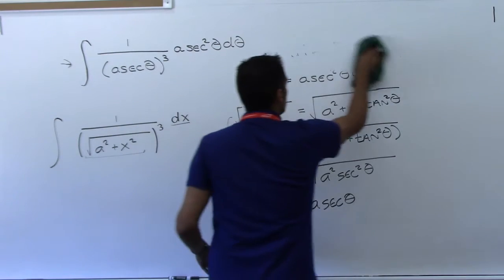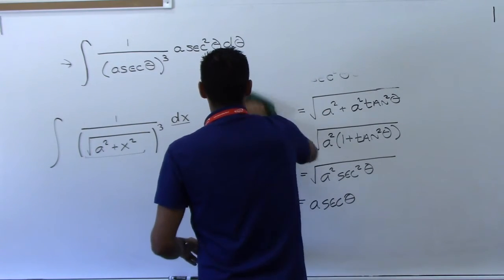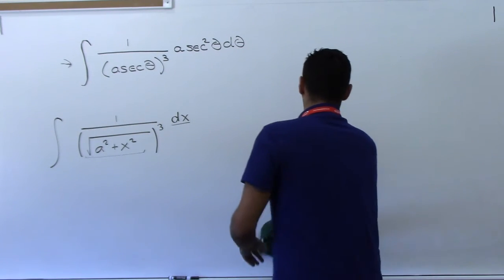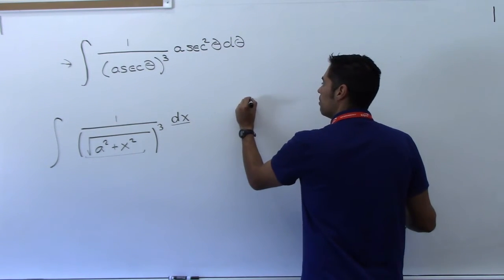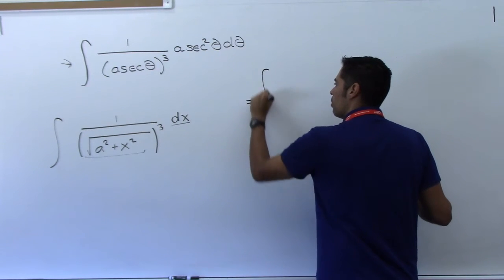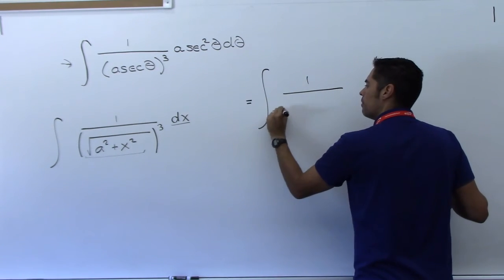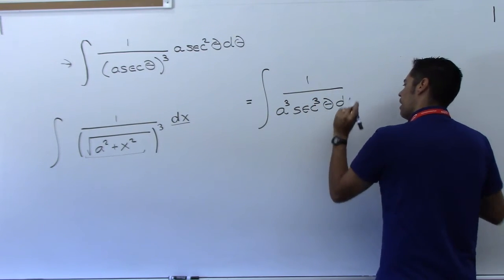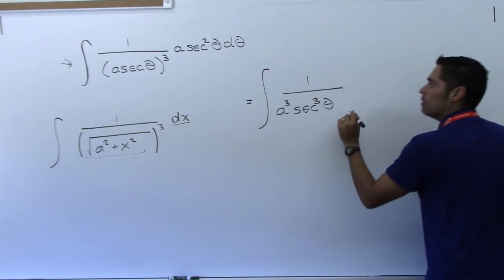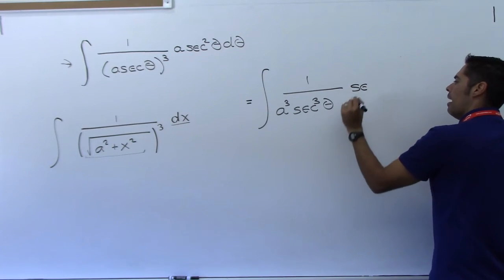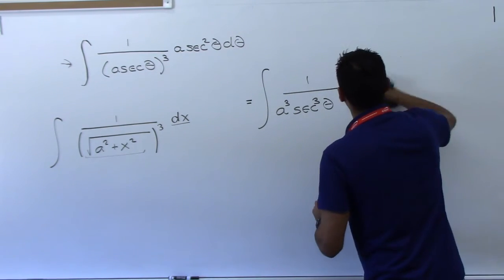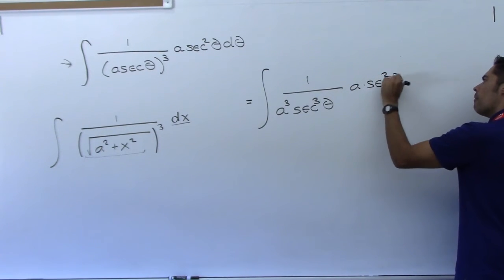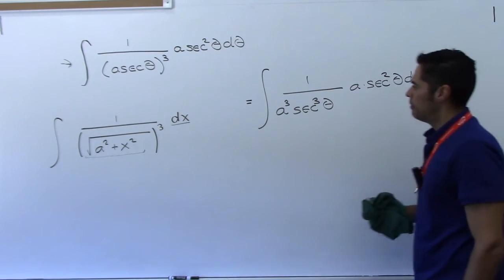So let's see. We took the a out of there since it's constant. Yeah, we're going to take the a out, and we're going to have to make sure we get the right number of a's here. Let's see. We have equals. I'm going to write one more line. I'm going to cube the bottom. You have to cube the a and the secant. All right.